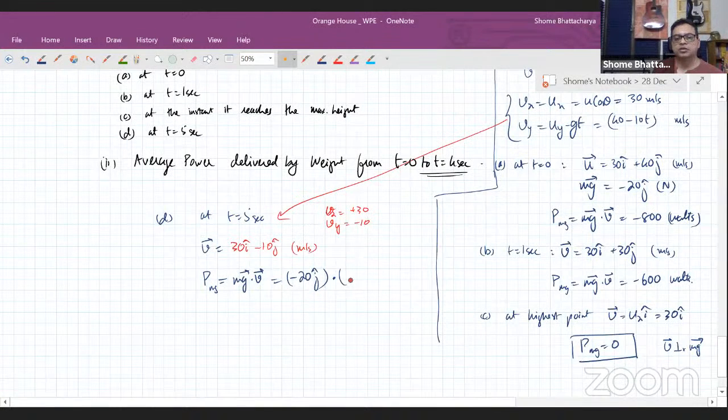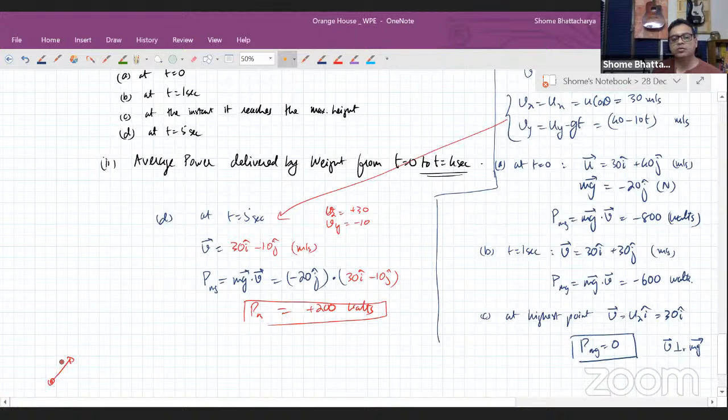Okay, so this dot product will now result in a positive quantity, plus 200 watts, because what is happening is that at 5 seconds the projectile will be on its way down. The projectile will be somewhere here at 5 seconds. So its velocity will be like this, whereas the gravitational force is like this.